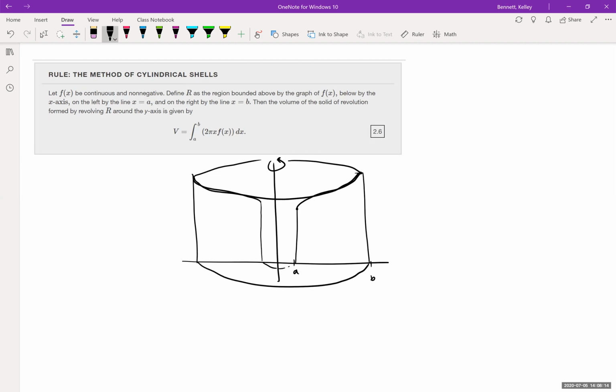What you want to do is pluck out from here a cylinder. You take a little bit of width on the x-axis and rotate that width around the y-axis.